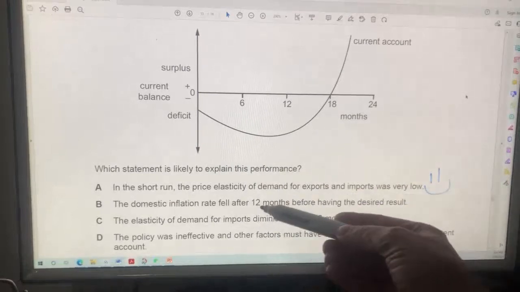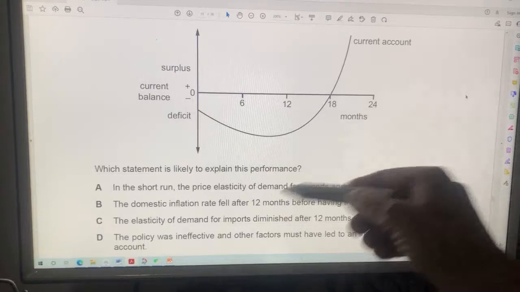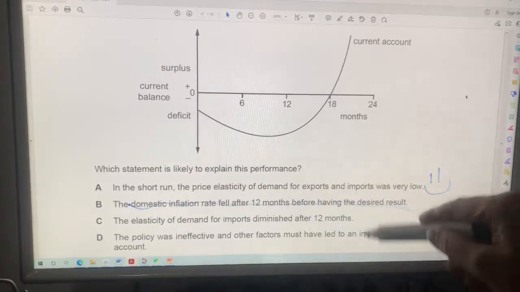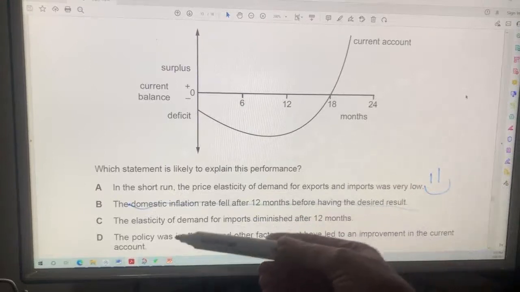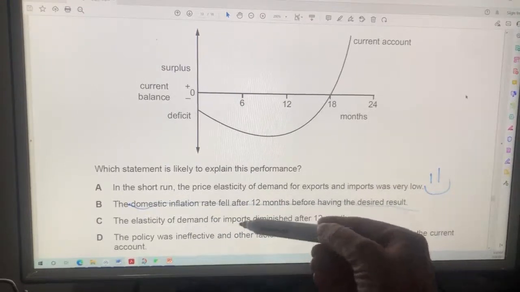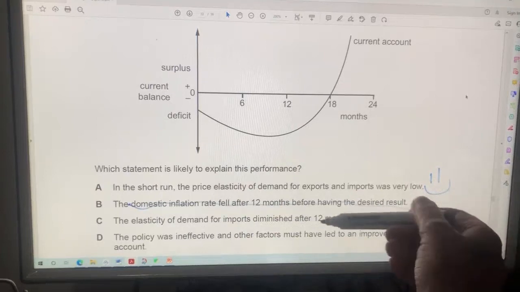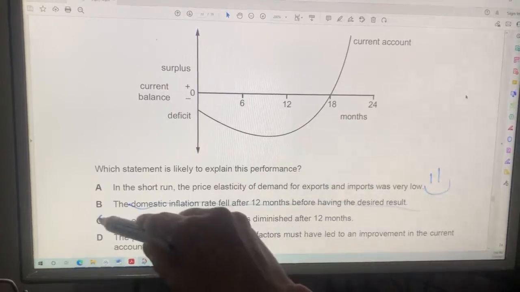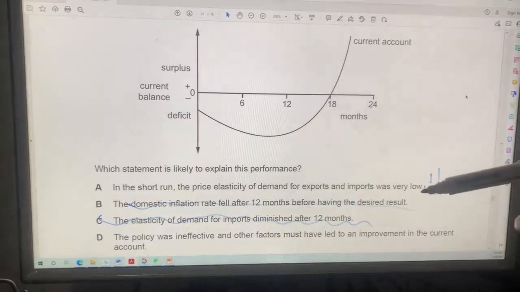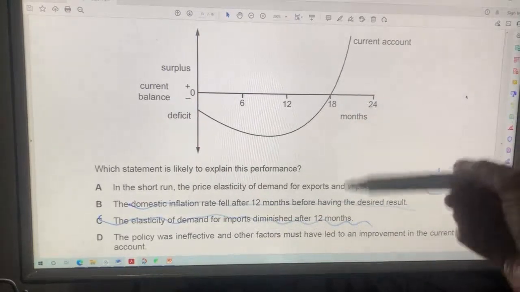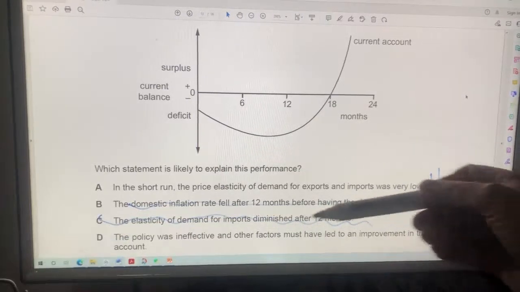B says the domestic inflation rate fell after 12 months before having the desired effect. What? That's not directly related. C says the elasticity of demand for imports diminished after 12 months. That would be bad. And no, that might cause an opposite effect of the J curve and Marshall-Lerner, or at least diminish the effect.